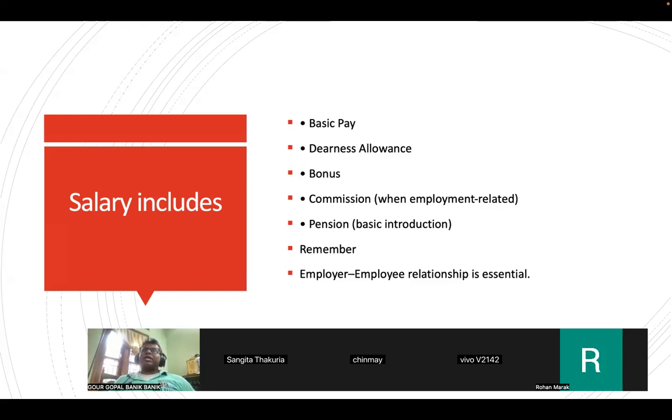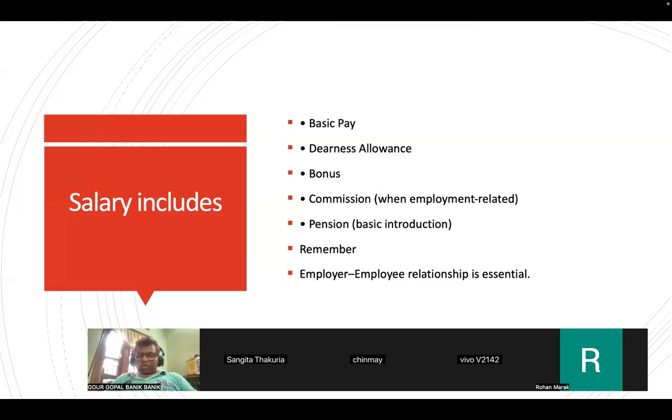And for salary, if someone pays someone salary, the relation between the two persons has to be employer and employee. For example, if you get interest from a bank, it is not salary because you are not a bank employee. But a bank employee gets money from the bank as his salary. Why is that salary? Because there is a relation of employer and employee.